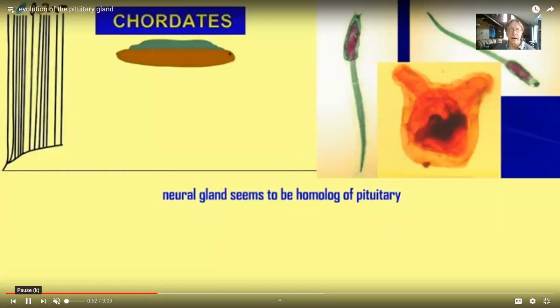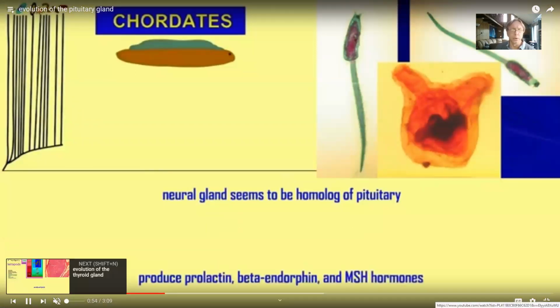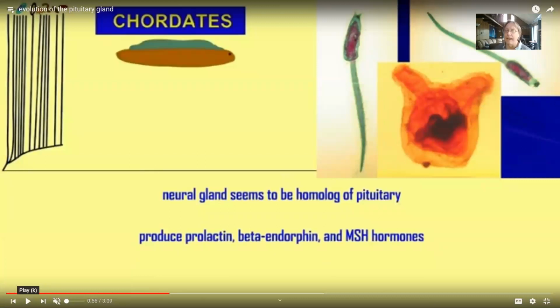But as you were to go through different organisms, once again, the primitive chordates seem to have a homologue of the pituitary and some of the hormones which we use. And I just wanted to point out prolactin, which once again we tend to associate with mammals. This is what causes the mammary glands to develop milk, which obviously we associate with mammals. That's where mammals get their name. But prolactin has lots of functions.